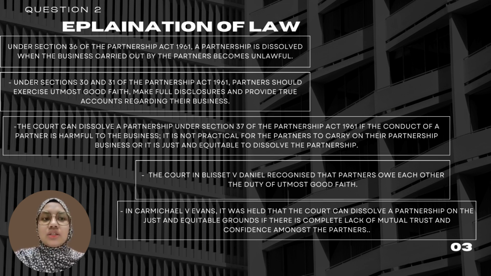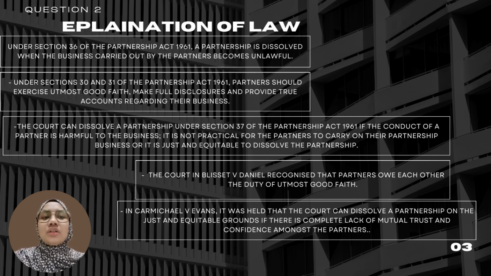According to Section 36 of the Partnership Act 1961, dissolution arises in cases where the business being carried out by the partners becomes illegal. Sections 30 and 31 of the Act provide that the partner must act in utmost good faith, make a true account, and fully disclose everything relating to the partnership business.